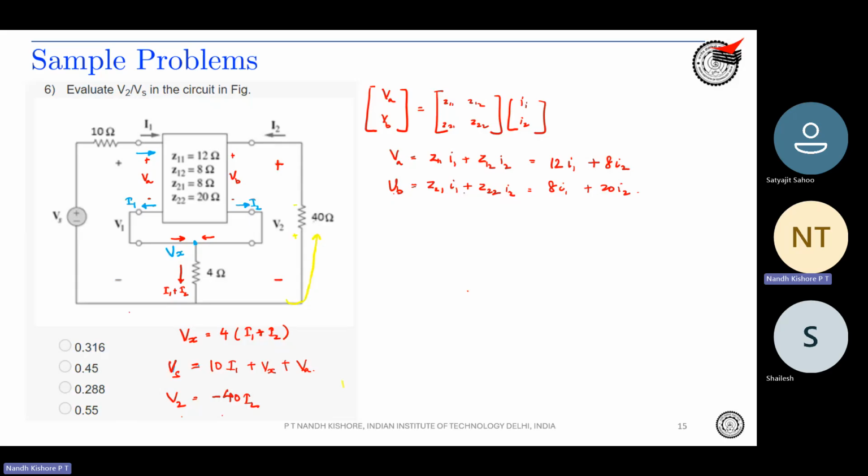That's why I have written minus 40 I2. V2 is equal to minus 40 I2. Or I can also write it as VB plus Vx, correct?